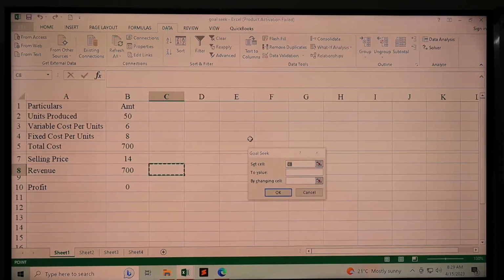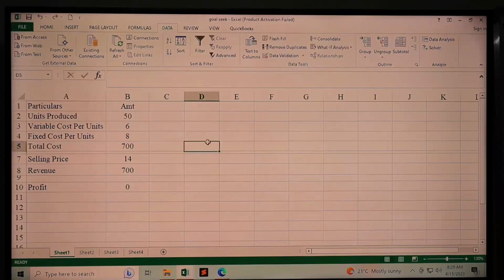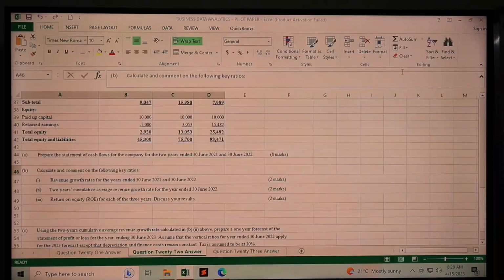The only thing with goal seek is that it's a simple function that can only calculate a single variable, that is, to help you check the selling price to meet a specific break-even. But when you are given multiple variables, goal seek cannot solve that purpose.